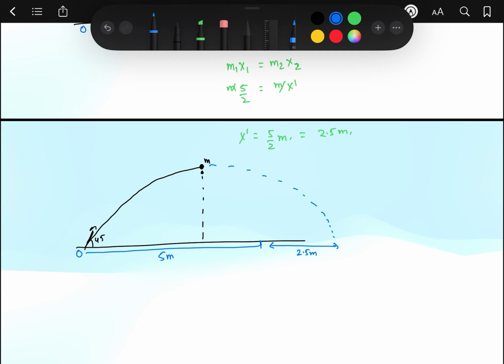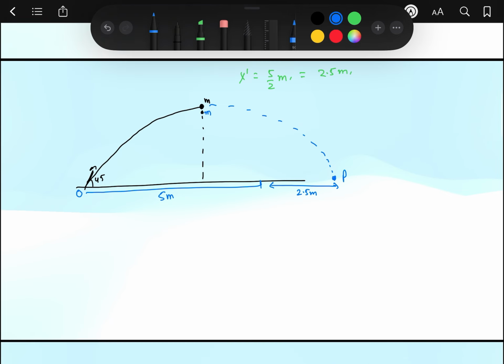This is the point O. Let us suppose this is the point P where this another mass is falling. So the distance x from the point O is equal to 5 plus 2.5 meter, that is equal to 7.5 meter. So this is the value of x that we have to find here, 7.5 meter.